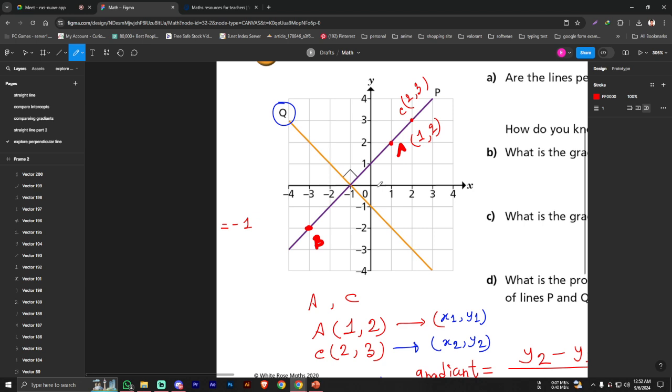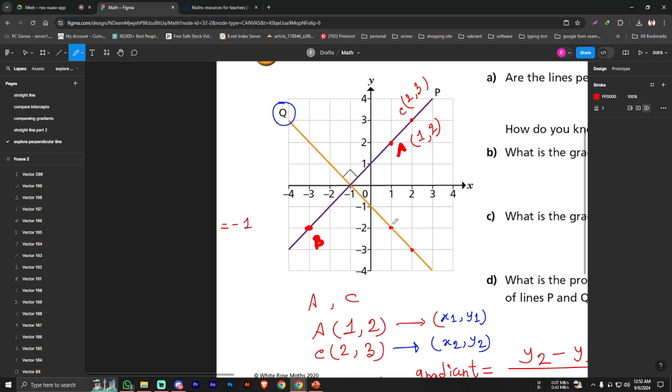Okay, so you take the point 1, 1 minus 2, right? That means this point right here. And 2 minus 3, that means this point right here.